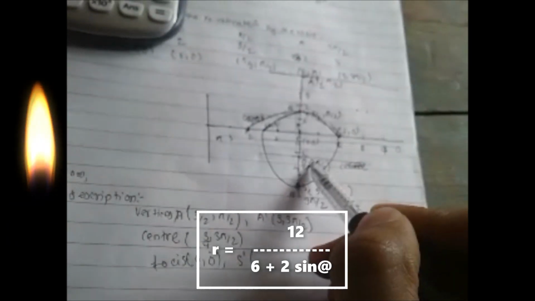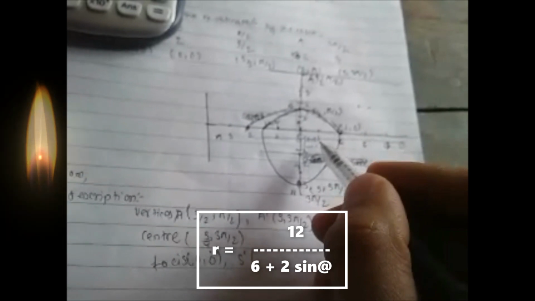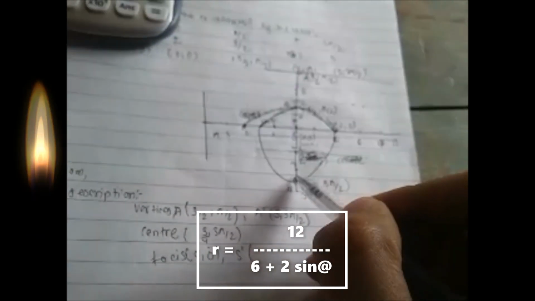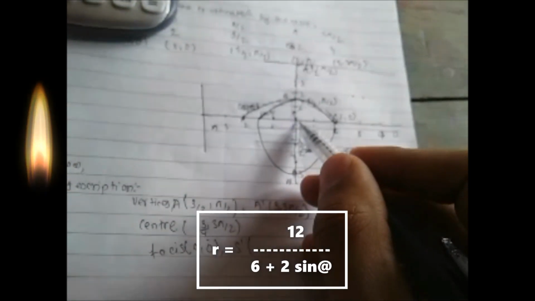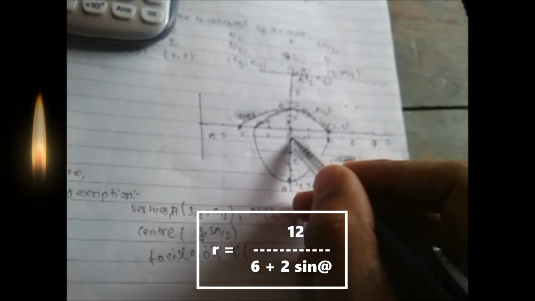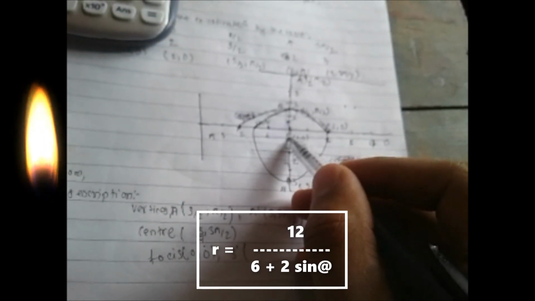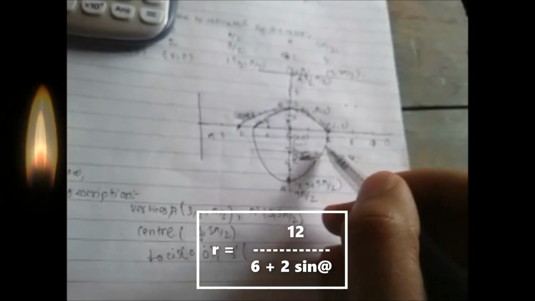This is not our center. Our center would be around here. This is our center. And to find the next focus, the distance between the center and this focus is equal to the distance from the center to the next focus.